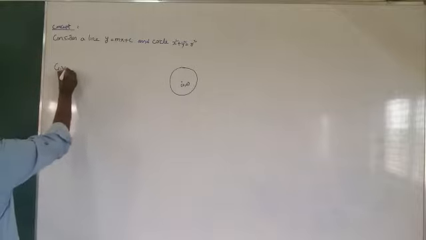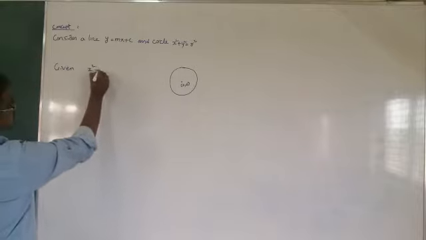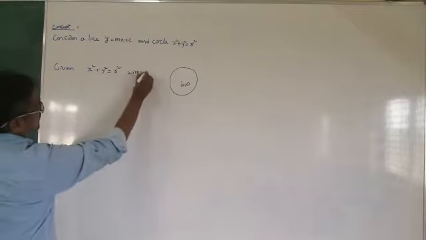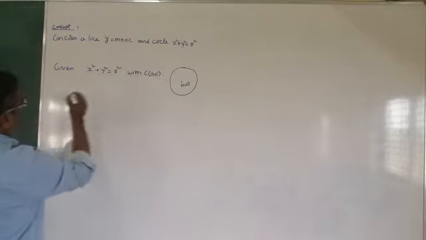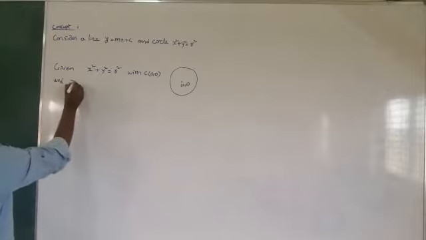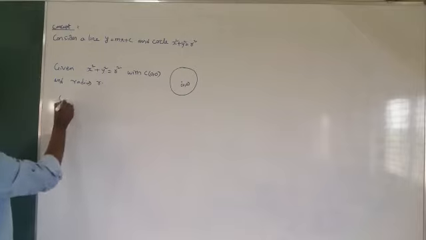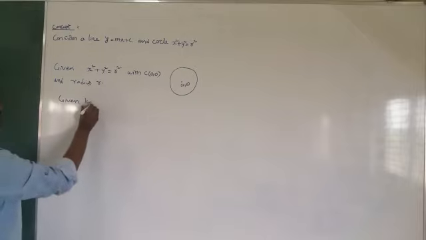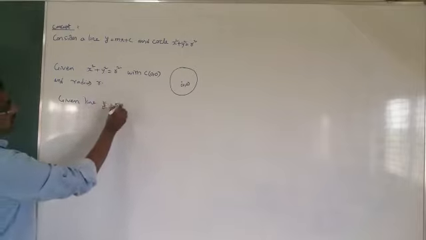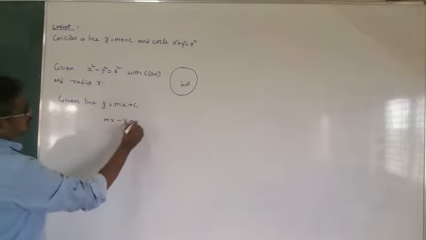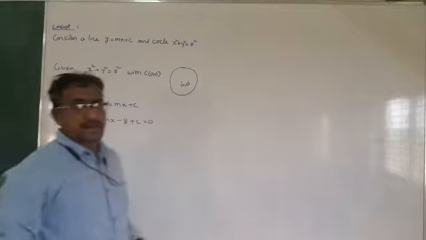So given x square plus y square is equal to r square with center 0, 0 and radius r, and given line y is equal to mx plus c, that is mx minus y plus c equal to 0.